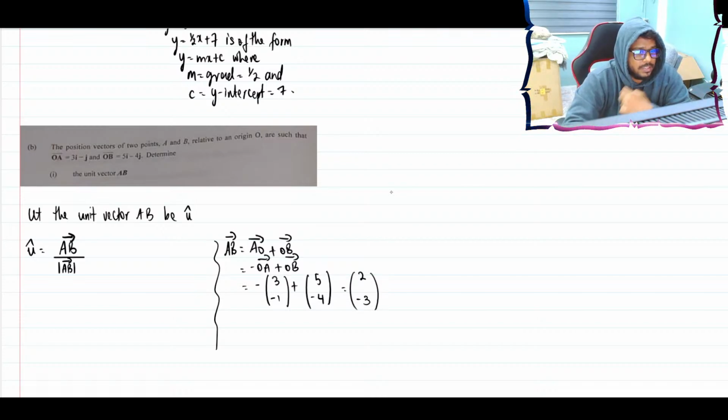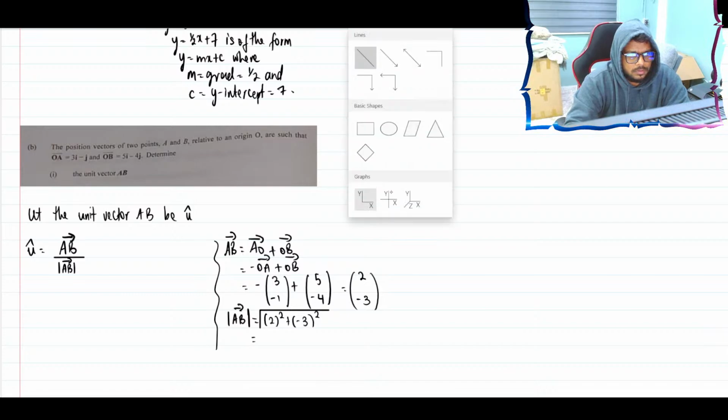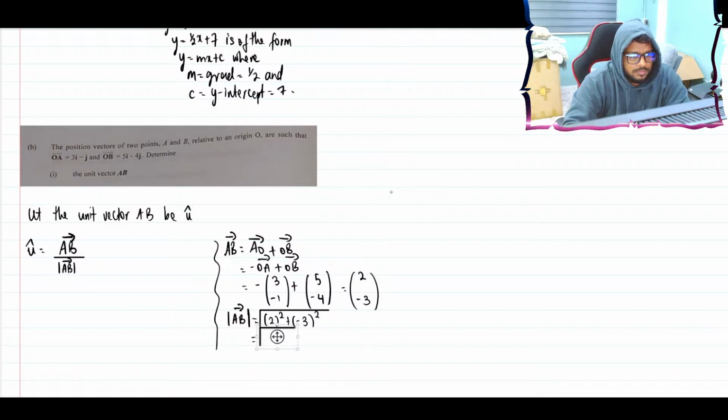And then we could get the size of AB. The size of AB is going to be the square root of 2 squared plus minus 3 squared. 4 plus 9, and 9 and 4 is 13. So root 13 units.